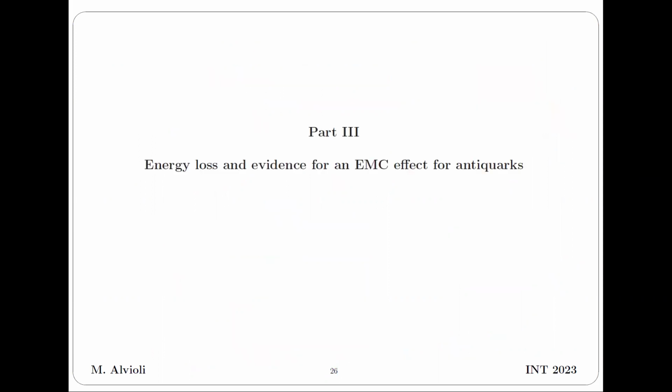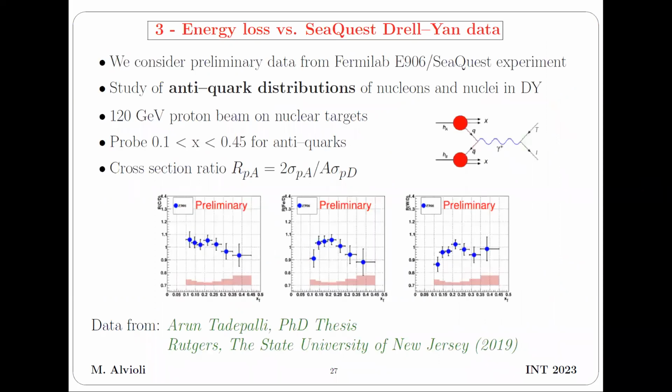Okay, now I want to quickly move to part 3, in which we used some of these concepts I described to investigate energy loss effects and evidence for an EMC effect for anti-quarks. We considered preliminary data from the SeaQuest experiment at Fermilab, which studied anti-quark distributions of nucleons and nuclei using Drell-Yan processes, and they probe distributions of anti-quarks for x between 0.1 and 0.45.